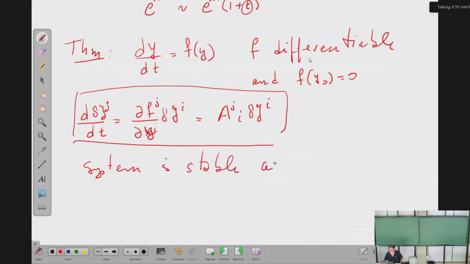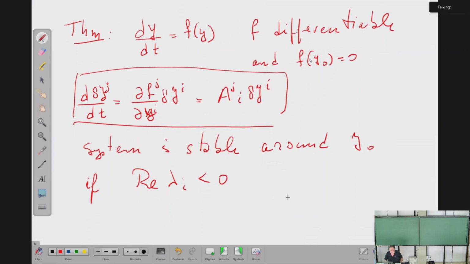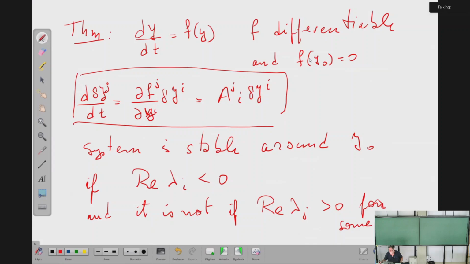around the point if the real part of lambda i, the eigenvalues of this matrix, is negative, and it is not stable if some of the eigenvalues has real part bigger than 0, for some lambda j.